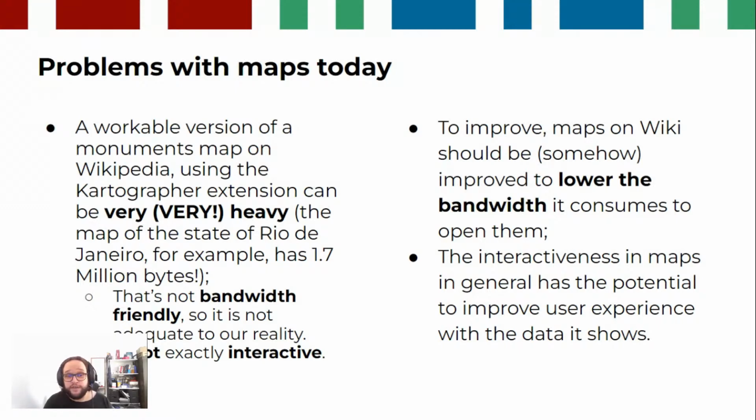The map for the state of Rio de Janeiro, for example, which shows just the monuments that don't have an image, where you can click on it, see the name, and see the button to upload it to Wikimedia Commons that we developed last year, has 1.7 million bytes.